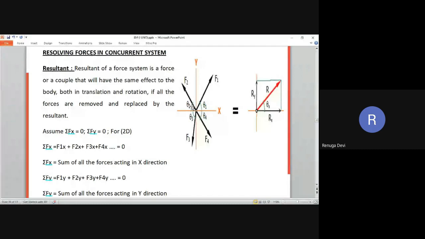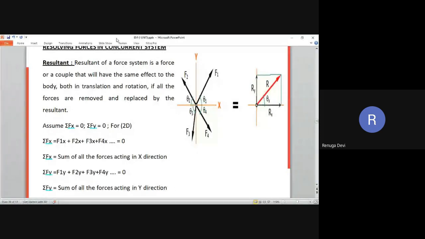So resolving the forces in a concurrent system: if the number of forces acting is more than three, you must use this methodology. I have already explained this. Concurrent system means the forces are acting at a particular point. You just see here 4 forces are acting: F1, F2, F3, F4.